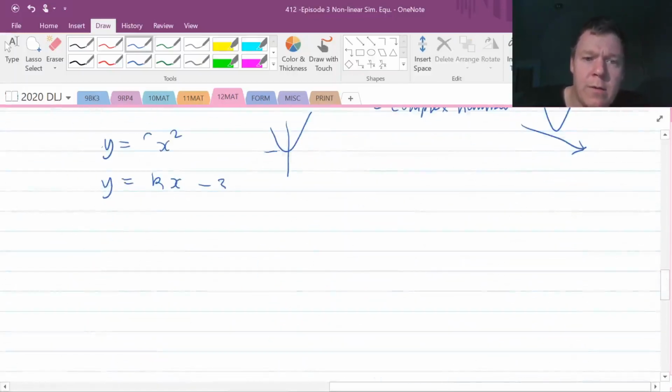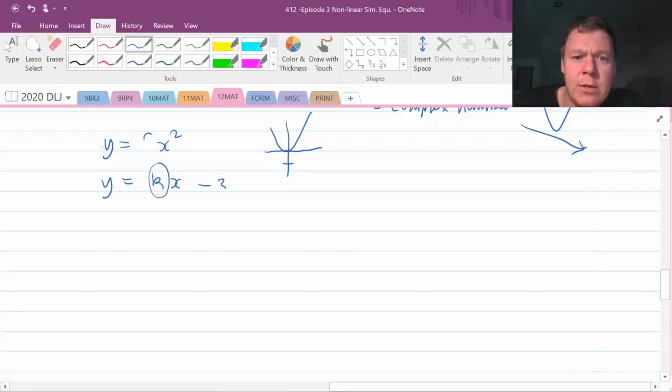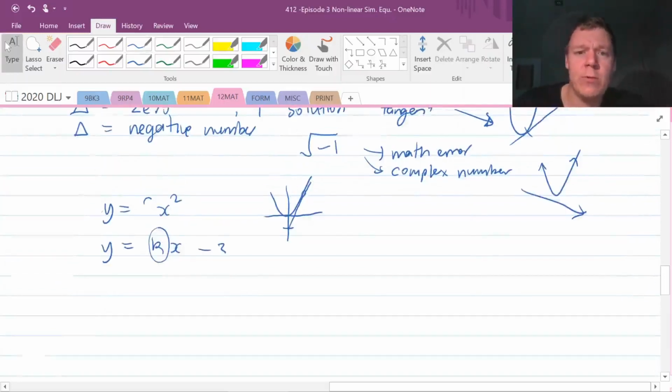So you've got to figure out what the k value would be to make a tangent with the graph. That's an excellence type question that we will hopefully do better in class.